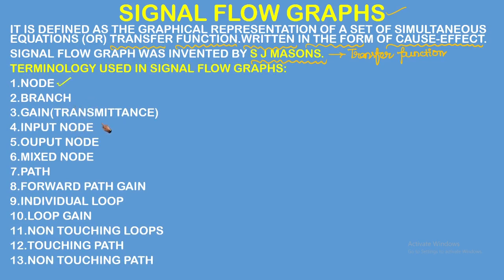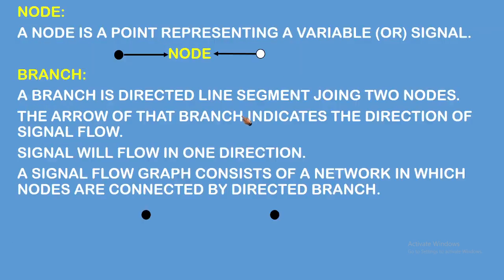One is node, another is the branch, another is the gain or transmittance, input node, output node, mixed node, path, forward path gain, individual loop, loop gain, non-touching loops, touching path, non-touching path. These are the 13 important terminologies we are going to use for the construction of the signal flow graph. Let us see one by one.